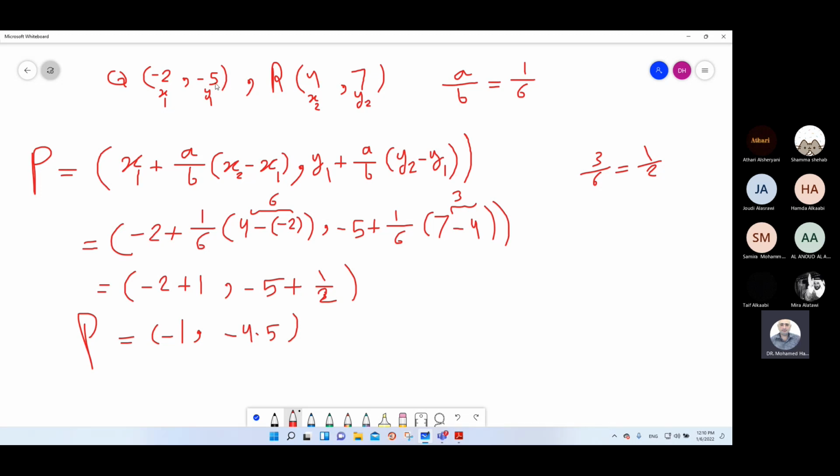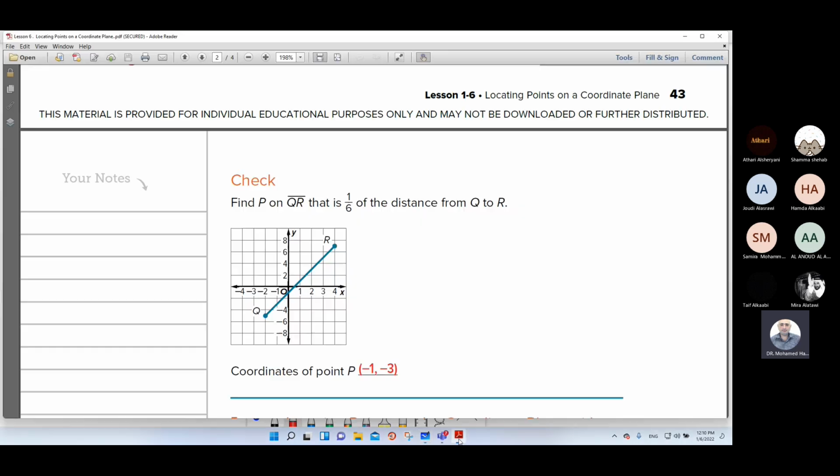And the y1 will be negative 5. So 7 minus negative 5 will be 12. 12 times 1, 12 over 6. 12 over 6 means 2. So now negative 5 plus 2 will be negative 3.